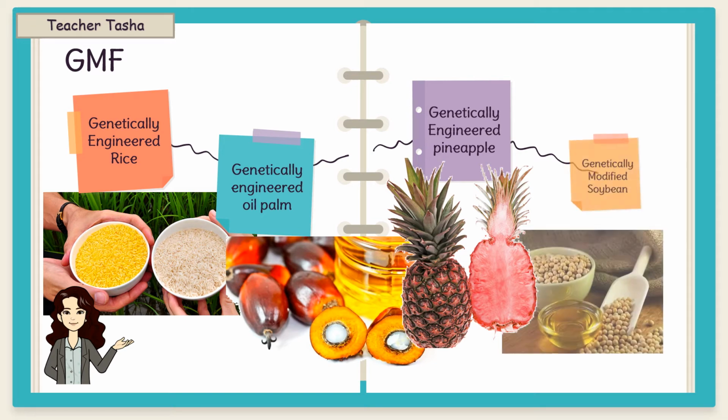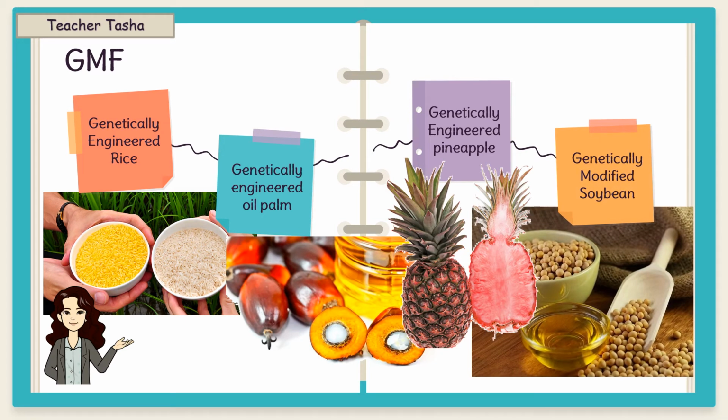Alright, next we have genetically modified soybean. Herbicides used in agriculture kill not only the weeds but also the crop plants. To prevent this problem, a gene from bacteria is inserted into soybean to make it resistant to herbicide. Okay, herbicide means the weed killers. This gene produces an enzyme to break down herbicide molecules in the cells so it will not harm the soybean.